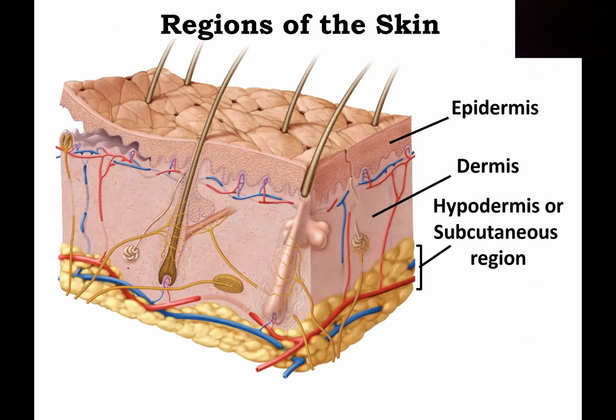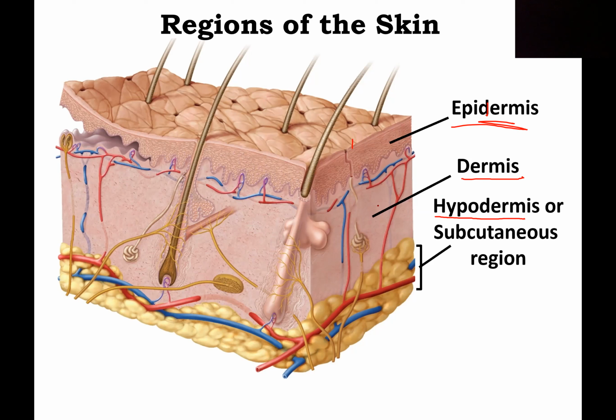The primary organ in this system is the skin. The skin, or integument, is divided into 3 regions. So you have the epidermis, which is the superficial layer. Deep to that is the dermis. And deep to that is what we call the hypodermis, or subcutaneous region or layer.